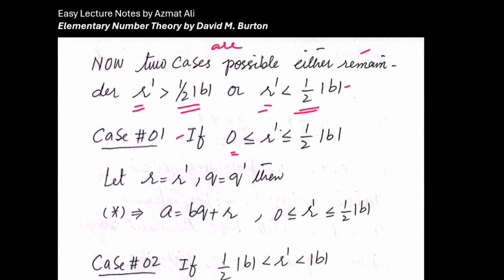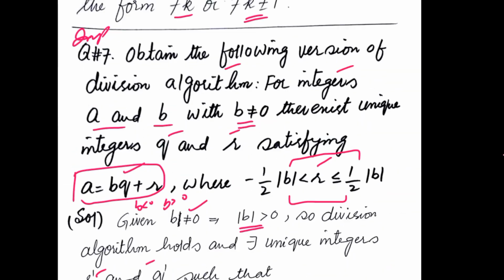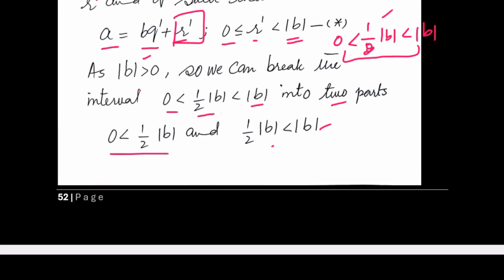So for this remainder r dash, if I set r is equal to r dash, because r dash is an arbitrary remainder value, suppose this is r and my quotient q dash is equal to some q, then star becomes, what is star? This is my star: a is equal to bq dash plus r dash.